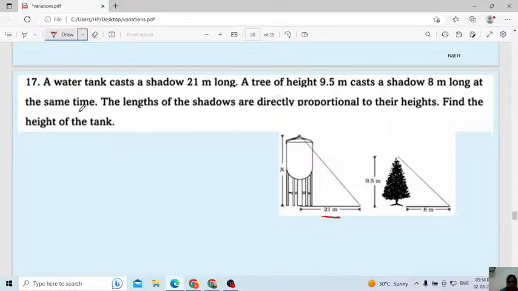At the same time, the length of the shadow is directly proportional to their height. Then use the relation.